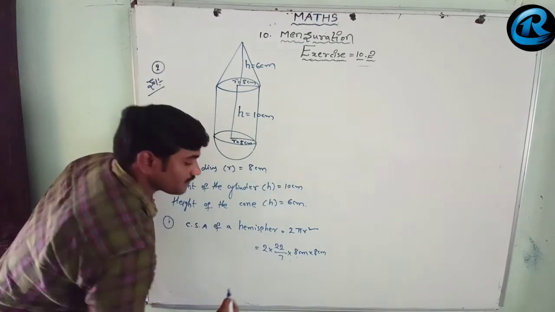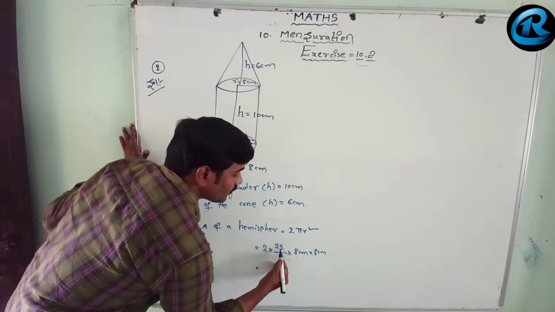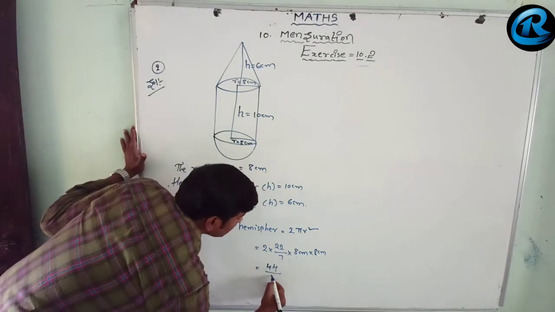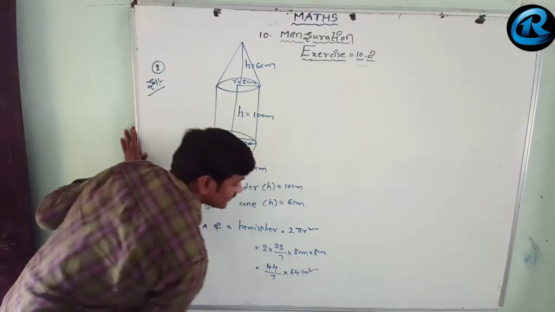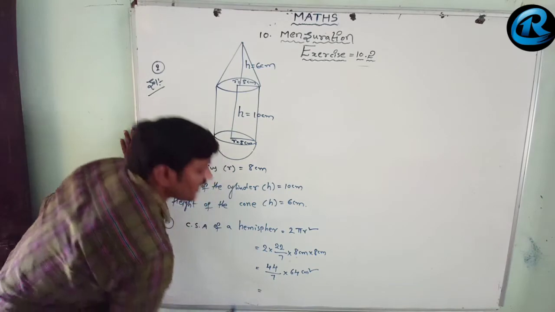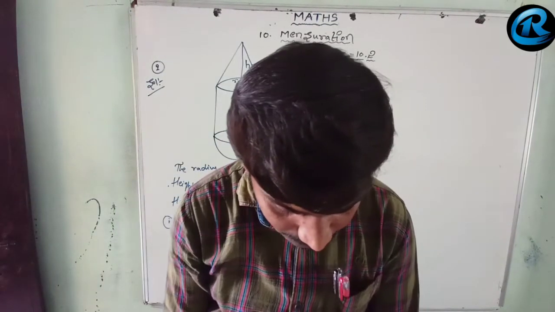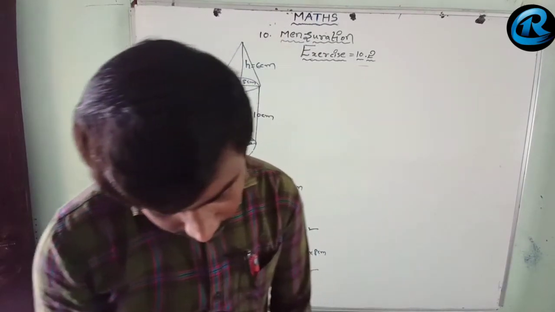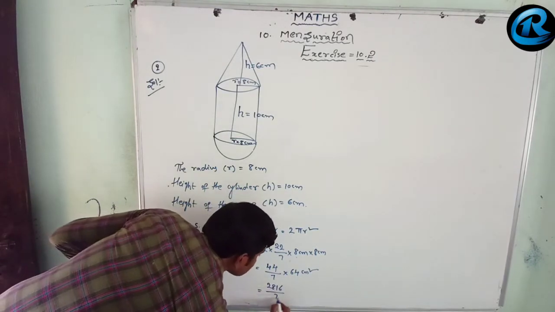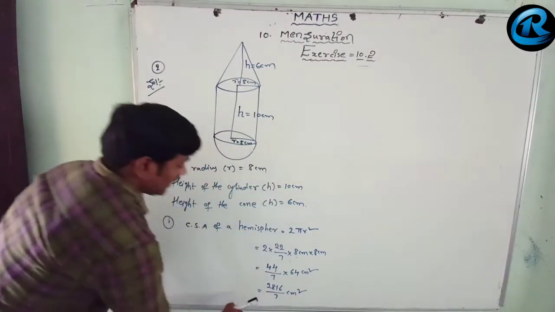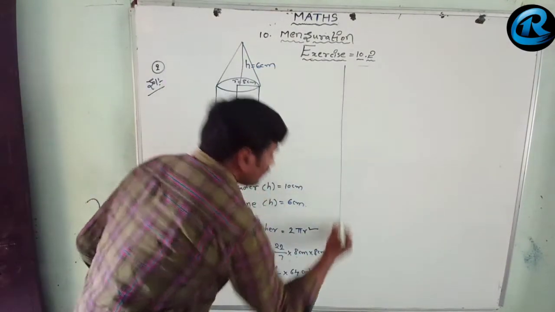Now 2 into 22 is 44, so 44 by 7 into 8 into 8, that is 64 centimeter square. Multiplying 44 into 64 takes time, so this is 2816 by 7 centimeter square, and this is the curved surface area of the hemisphere. Just remember this.